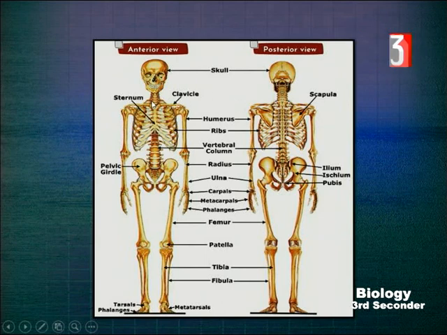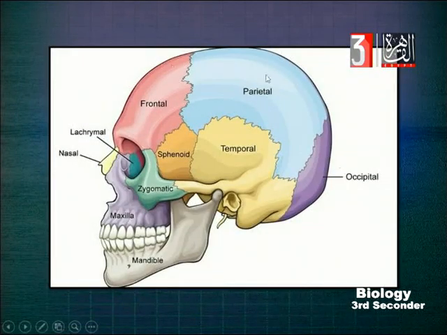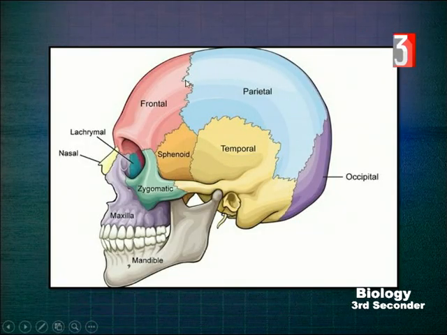The appendicular skeleton consists of the shoulder or pectoral girdle attached to the upper limbs and the pelvic girdle attached to the lower limbs. Also, this is the skull; this is the cerebral part, which consists of 8 bones, and this is the frontal part, which consists of 14 bones.